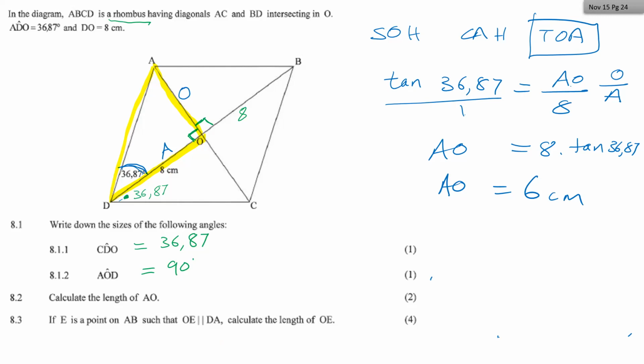Sir, for the one AOD equal to 90, in my diagram, you can say diagonals of a rhombus only, sir. Yes, we'll accept that for the exam, all right? But the proper explanation will be diagonals of a rhombus bisect each other perpendicularly, okay?